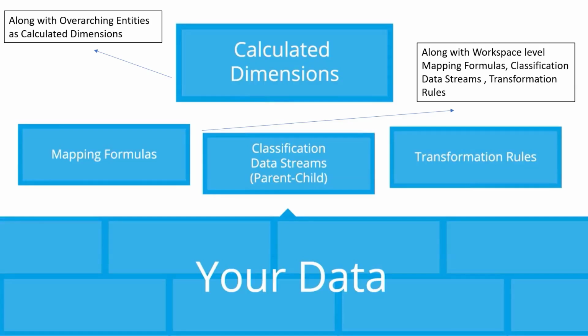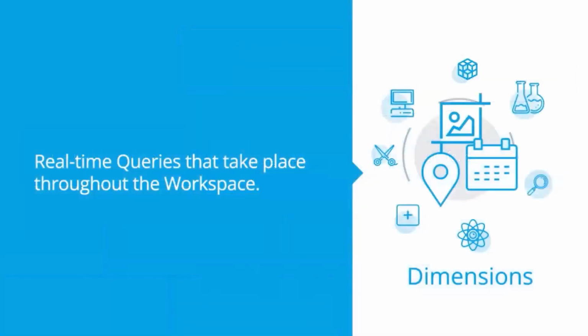Okay, it's workspace level. Remember this: real-time queries take place throughout the workspace. Yes, definitely, calculated dimensions accommodate this feature, whereby real-time queries can take place throughout, and also non-numerical fields present in your workspace that you can create on top of your existing data.